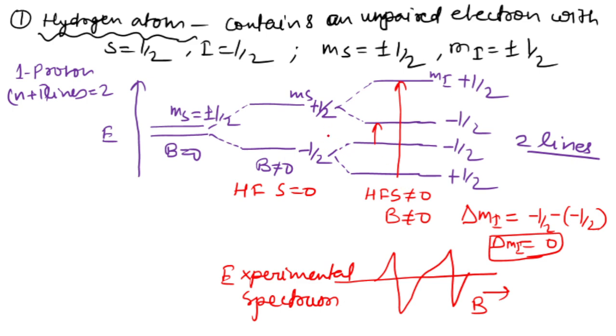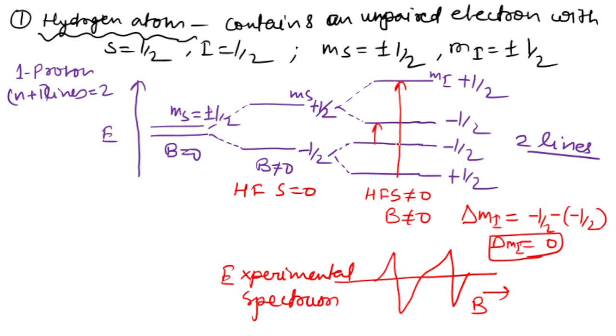Each m_s level is again split into two levels due to the presence of the nuclear spin, and here the transition does take place.